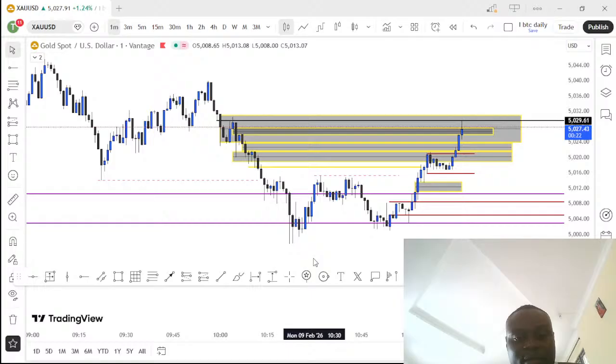Perfect. This was the inverted fair value gap, which price came there. Okay, so let's see.